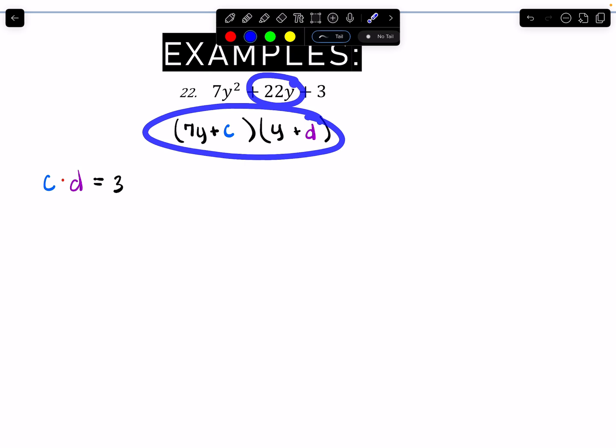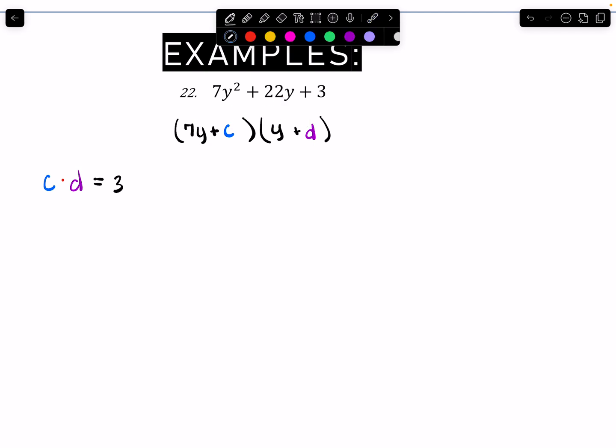Well, we're going to get a y term, right? The 7y and the y give me the 7y squared. The C and the D give me the 3, right? And then 7y times D is going to give me one of the y terms, and then C times y is going to give me the other y term, right? So 7y times D and Cy is going to give us the y term.